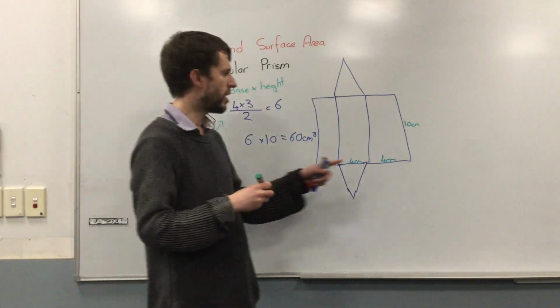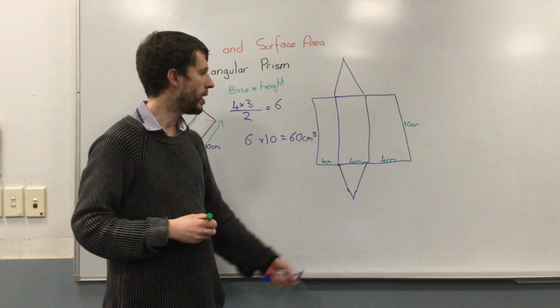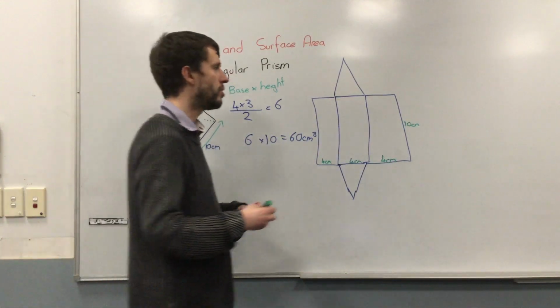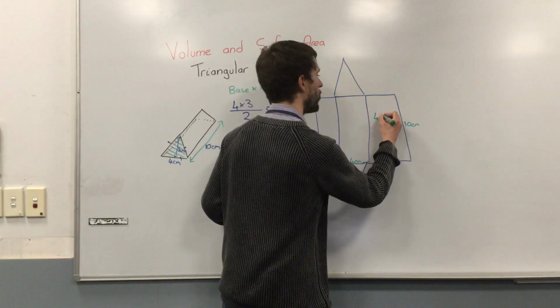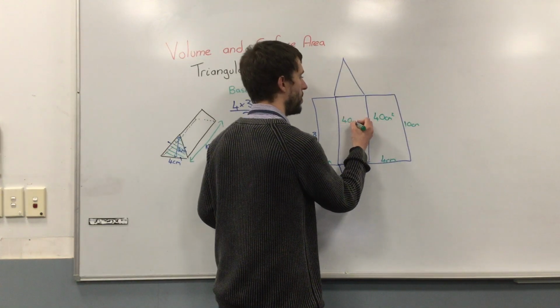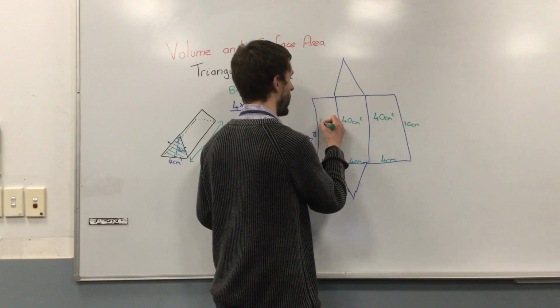So if we're thinking about the surface area of this rectangle, it's 4 times 10 equals 40. So that just means that each of my rectangles is 40 centimeters squared.